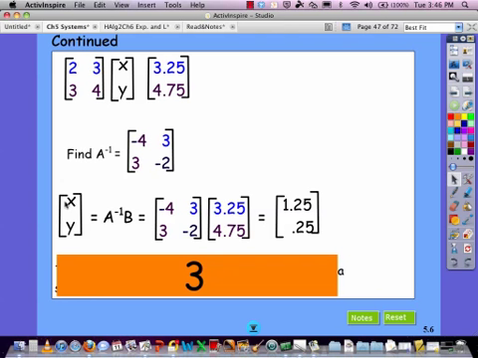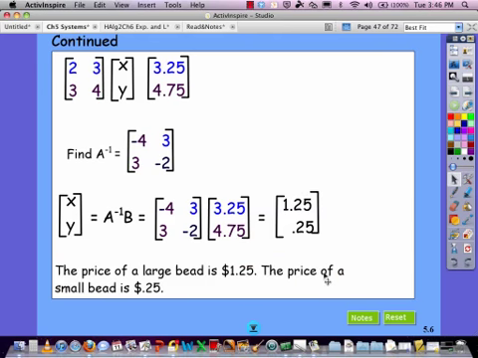And we know that we're going to have to multiply our A inverse matrix times our B matrix. So remember, our B matrix has been our constant matrix right here. So after we did that, once we get that answer of $1.25 and 25 cents, we should know that the price, because that's what X was, price of the large bead is $1.25 and the price of the small bead is 25 cents.